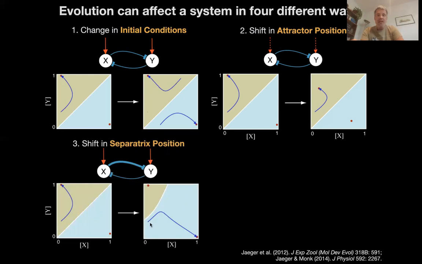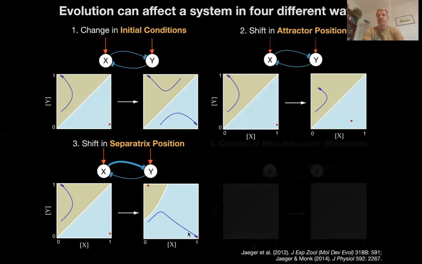If giant is repressing Krupel more strongly than the other way around, you will end up at the other, the giant on, Krupel off, steady state, the attractor. So you can change the system by changing positions of separatrices between basins of attraction. This still is the same relative arrangement. It still acts as a toggle switch, but now you have a bias towards ending up with high giant versus high Krupel.